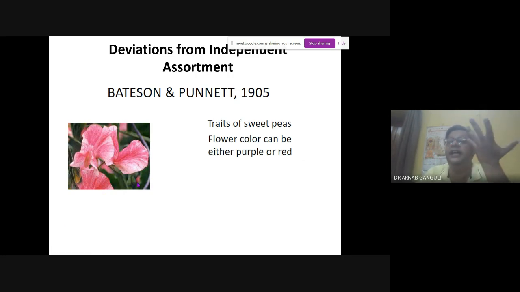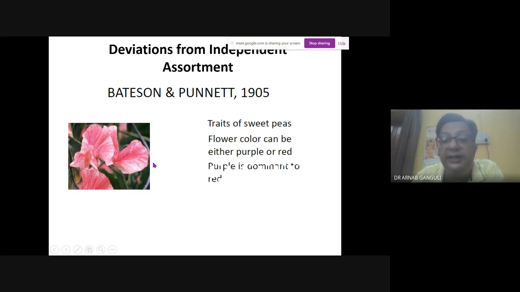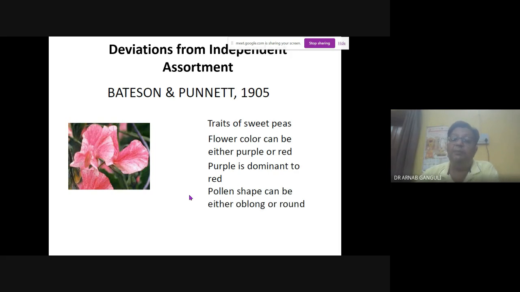In the previous slide, you had seen purple flower, and here you are seeing red colored flowers. Purple is dominant to red, like yellow was dominant to green. And pollen shape can be oblong or round.